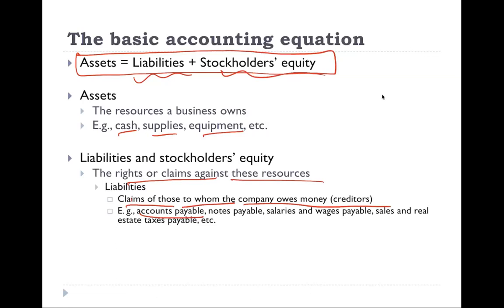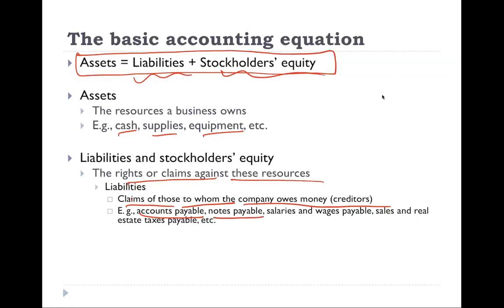When the firm buys goods from its suppliers, sometimes the firm buys on credit, meaning that the firm is not paying cash right away. The suppliers allow the firm some time until the firm has to pay the money back. This is recorded as accounts payable. It's a liability to the firm's suppliers.